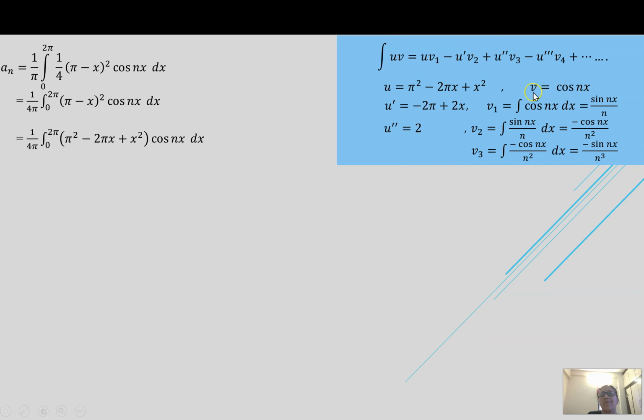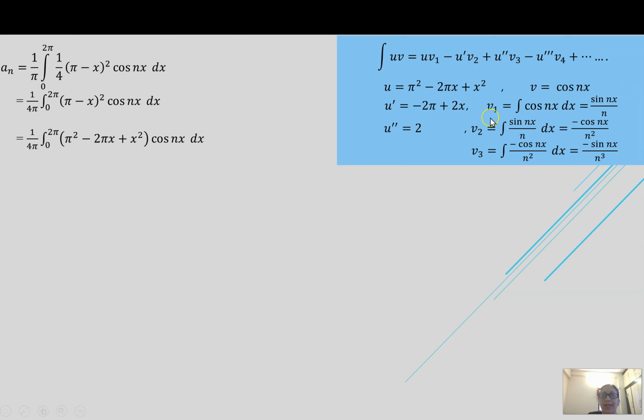Now let us see v equal to cos nx. Here in this formula, you may observe v1, v2, v3, so on. Here v1 is nothing but integration of v. So here v equal to cos nx, v1 is integration of cos nx dx. So integration of cos nx dx is sin nx by n.